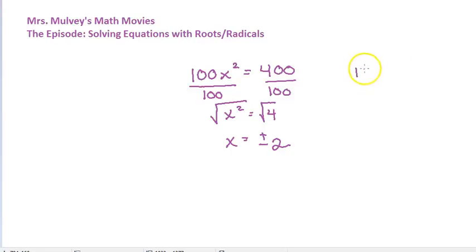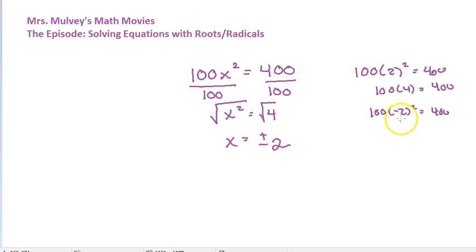Either one, when I put it into the original equation, I will get a true statement. When I fill in the positive 2, I end up with 400. And when I fill in the negative 2, I end up with 400, because negative 2 squared is negative 2 times negative 2, which is positive 4, and 100 times 4 is 400. So both of these answers check out.